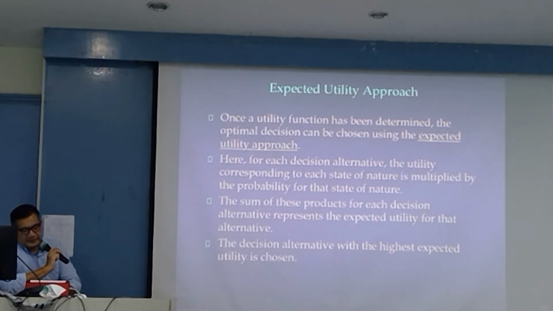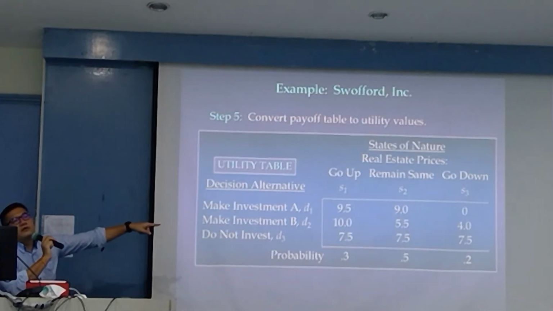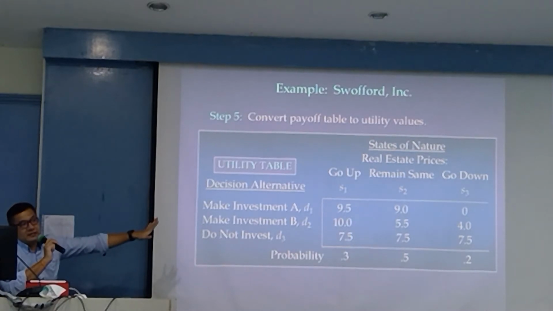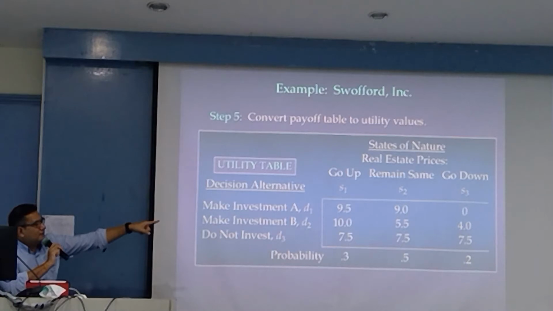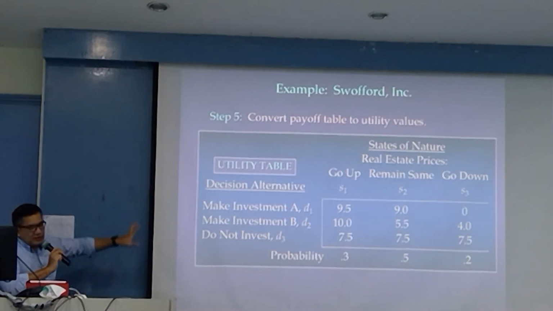For example, in this table, you convert the monetary value to utility value already, then you use the probability to multiply each of them and sum up for each alternative.